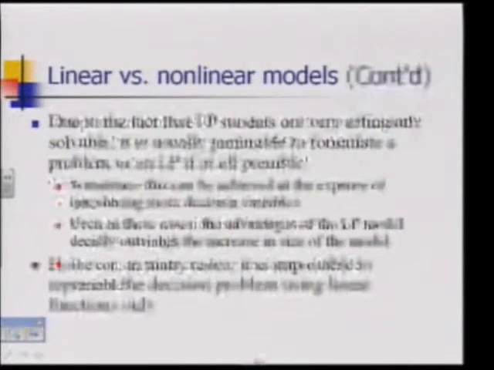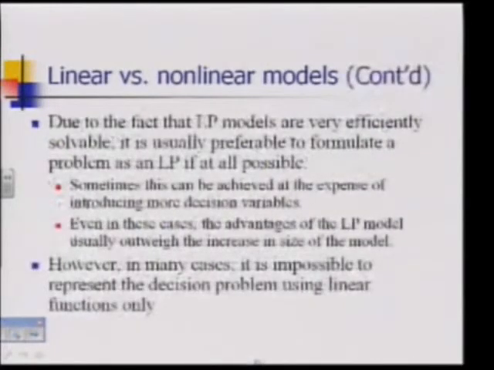Okay, so due to the fact that linear programming problems are efficiently solvable, it is usually preferable, if you have a real-world problem, to try to formulate it as a linear programming, if it is at all possible. And here you may not understand this point very well because you may say, well, I have a problem which doesn't look like linear programming at all.